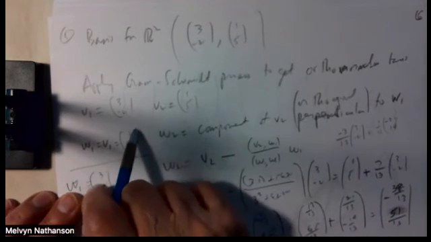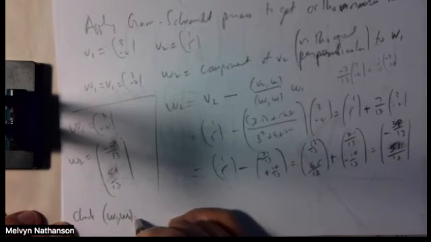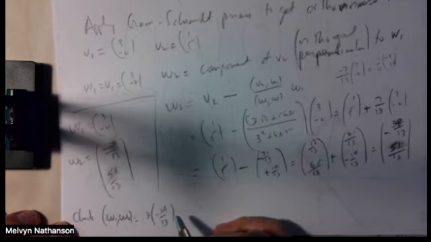So this is 34 over 13, and 65 minus 14 is 51. So minus 34 over 13 and 51 over 13. And let's just check. What is the inner product of W1 and W2? It's 3 times minus 34 over 13.